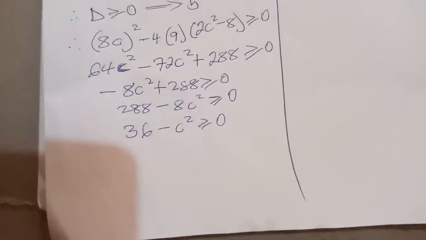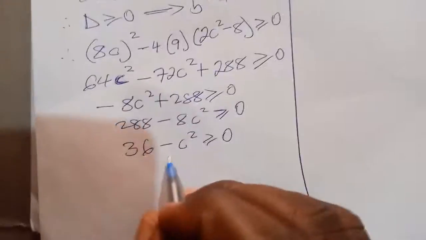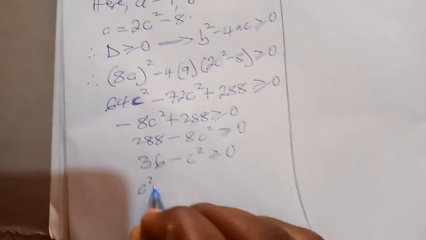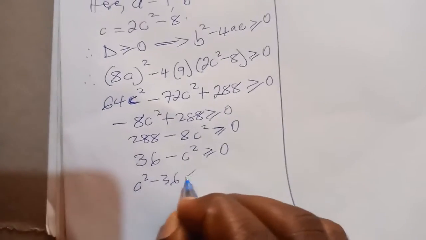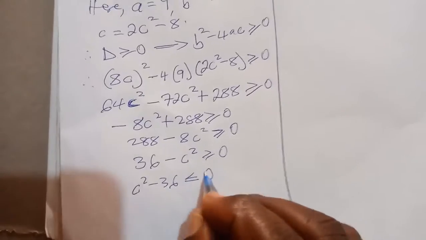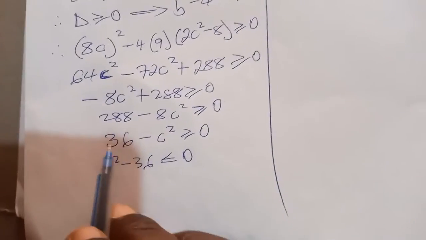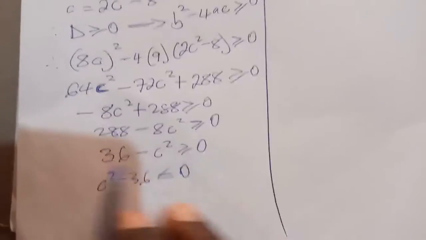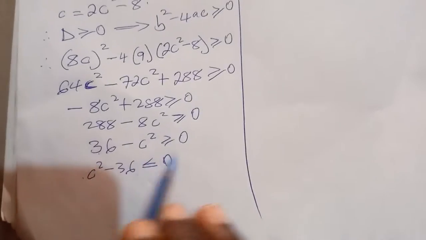But this can be written as c squared minus 36 less than or equal to 0. How did I get this? By multiplying both sides by a negative number, by minus 1. If I multiply both sides by minus 1, this becomes negative, this becomes positive, and 0 is still 0.